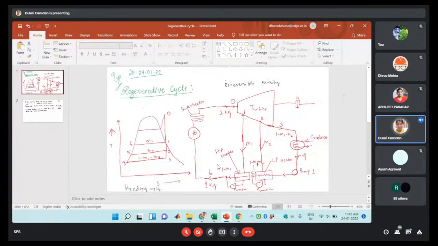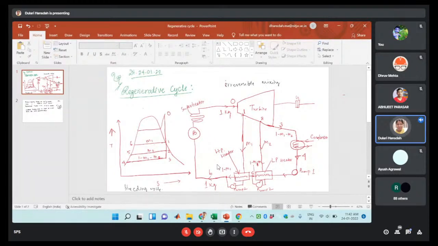Then how much steam will enter this boiler? That is 1 minus m1. The amount drawn from the turbine is m1, and it is at this position.